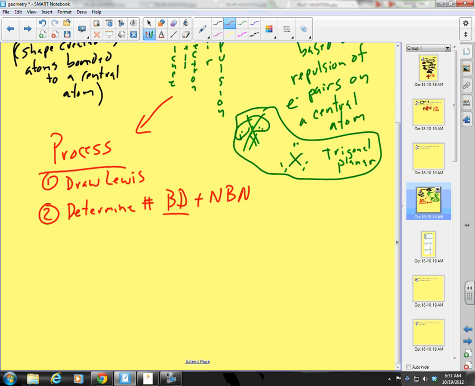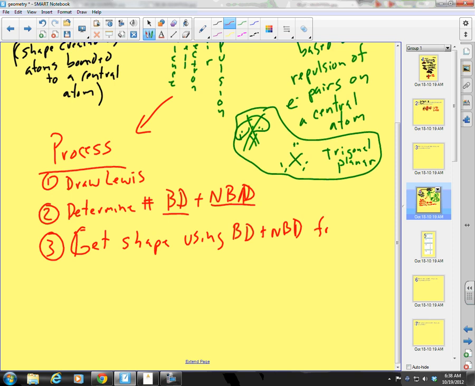Right, bonding domains and non-bonding domains are critical for us, because then we get the shape using the bonding domains and non-bonding domains from a chart.